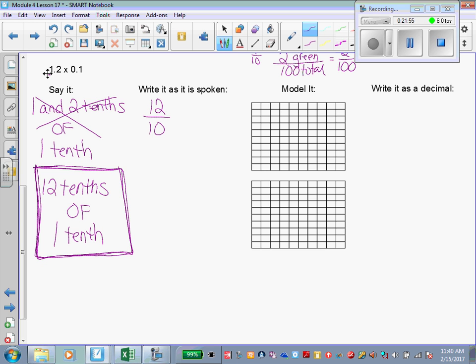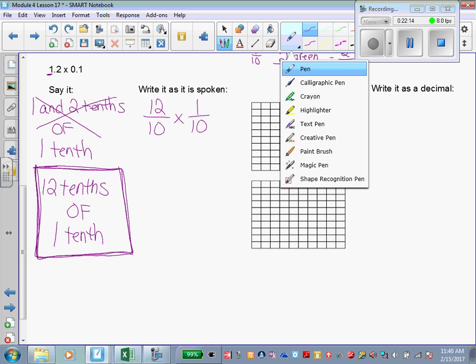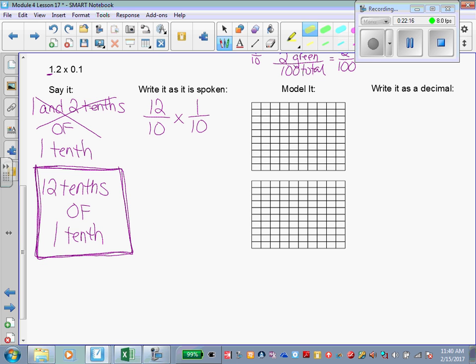Very good. Times 1 tenth. 12 tenths times 1 tenth. How on earth can I model 12 tenths? How can I model 12 tenths?